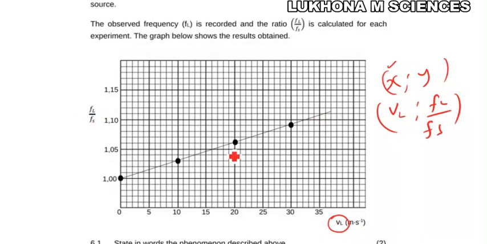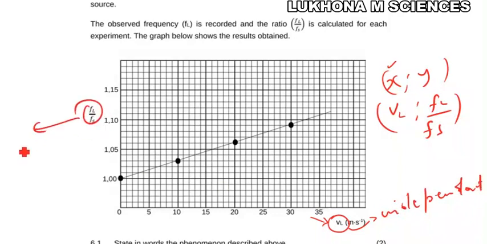As you can see, everything is increasing. So as this one increases, this one increases also. So this one is our independent variable, and the ratio is the dependent variable, right? So let's continue. Let's go to the question.